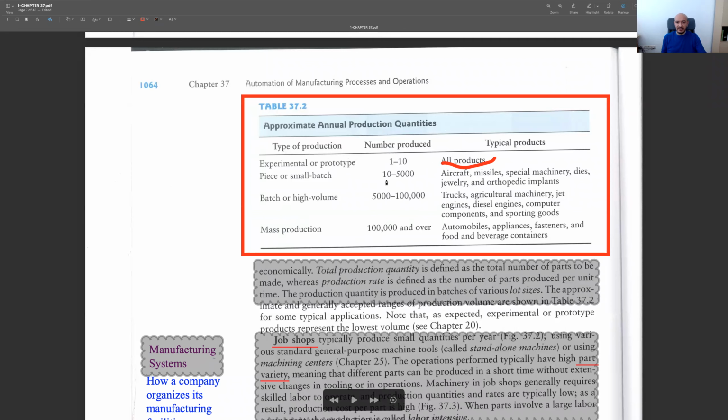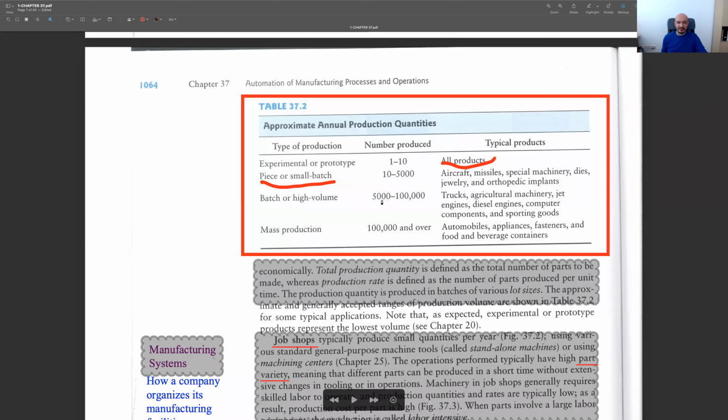If the number is a bit higher, between 10 and 5,000, then you should be working with small batches of products. They might be some missiles, some specific machinery, some dies, jewelry, some orthopedic implants.